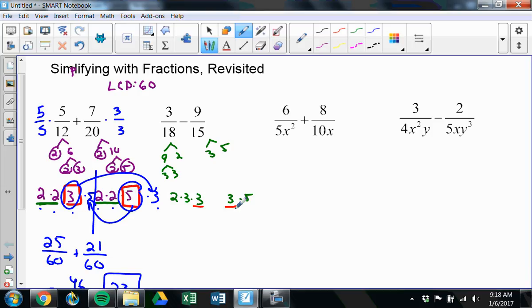Which means that the left side needs to add this 5, and the right side needs to add this 2 and 3. So now they're both 2 times 3 times 3 times 5. That is 6, 18, 90. That means the lowest common denominator of 18 and 15 was 90.